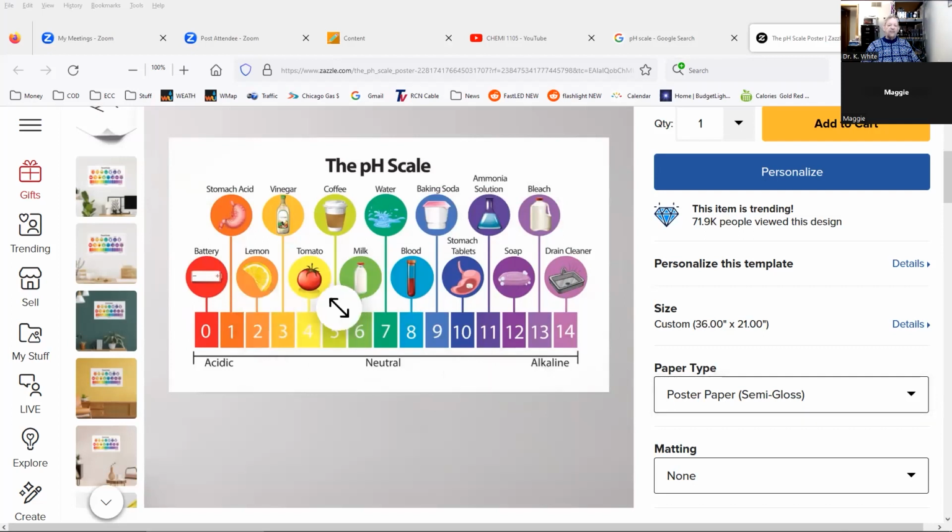Now, if you look at tomatoes, vinegar, and also lemon, those are acidic. Certain substances like what's in a tomato, lemon, or vinegar have a very sour, tart taste to them. If you bite on a lemon, ooh, that's sour. Why? Because the pH is low, because there's an acid in there.